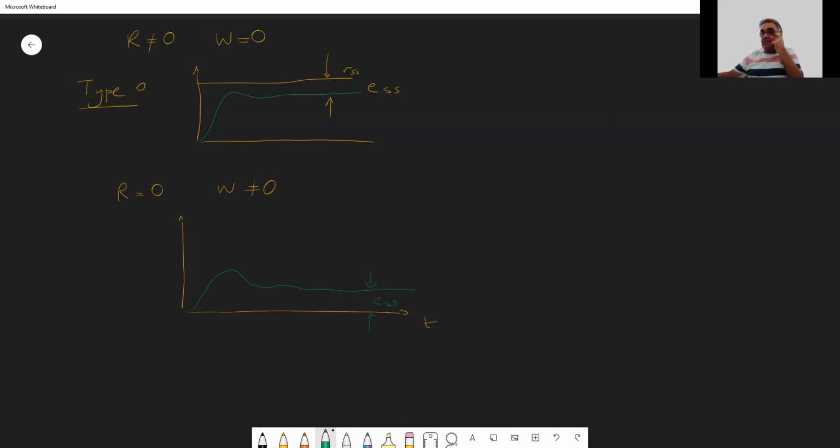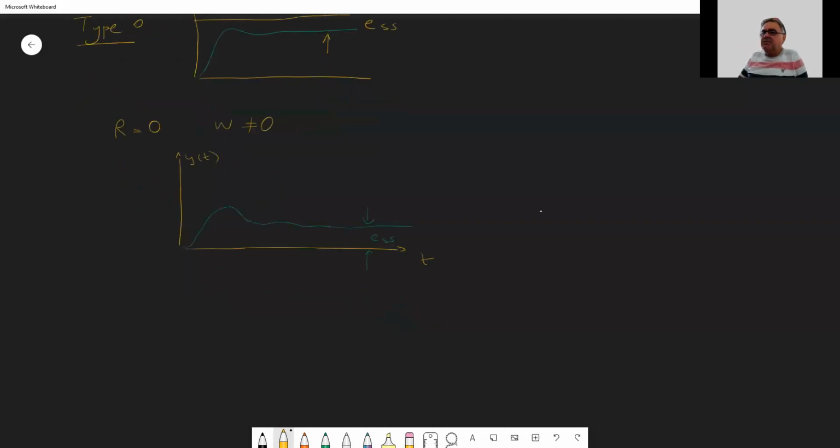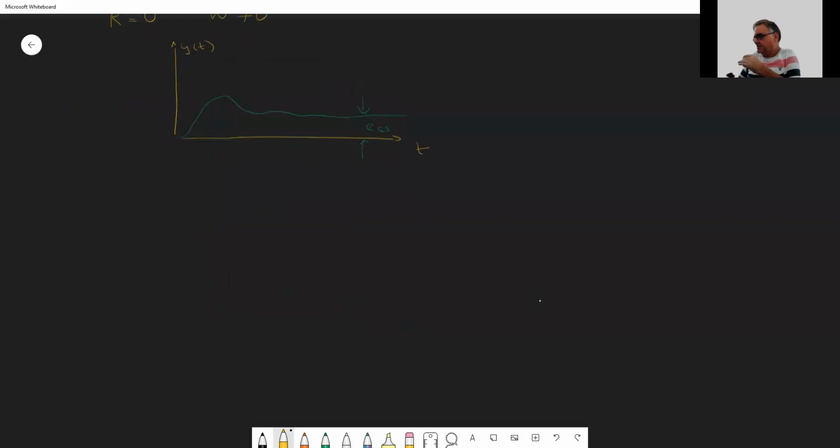Because in this case R is 0, you want your response to go to 0 eventually, or whatever value you choose, but it doesn't go to 0 anymore. It just stays at a certain value. The control system should reject the disturbance, but it cannot. So type 0 systems are possible, but it is better to have a type 1 system.